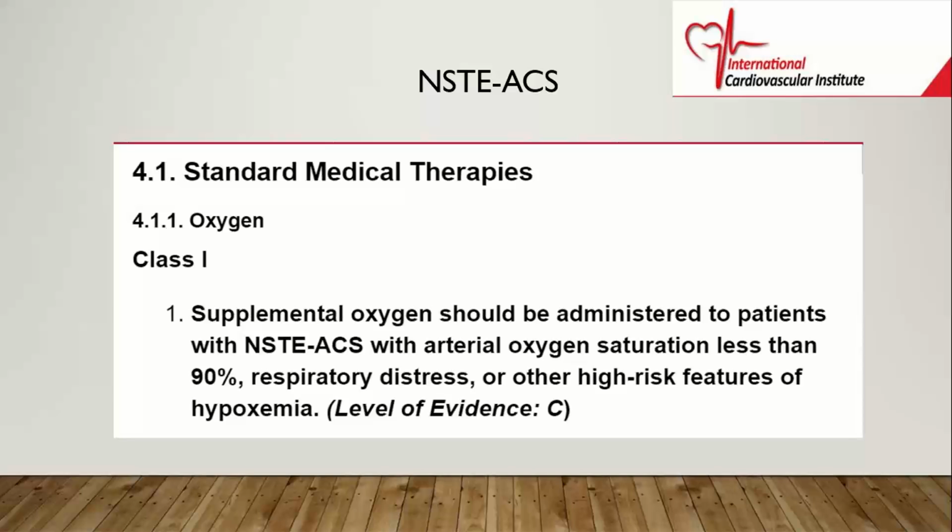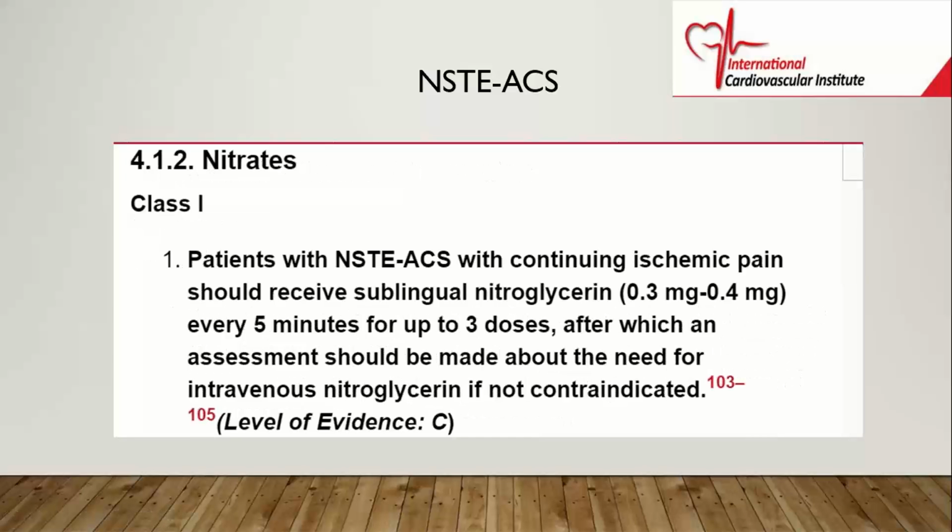So the patient is now in the hospital. We get them up from the emergency department. Supplemental oxygen should be given if the saturation is less than 90%. If the O2 saturation is greater than 90%, you don't really have to give oxygen. If the patient is in respiratory distress or there's any evidence of hypoxemia, you want to do that.